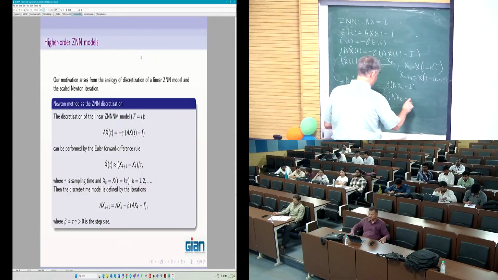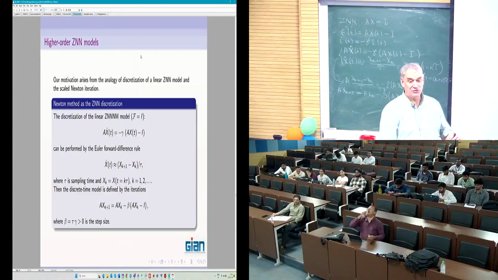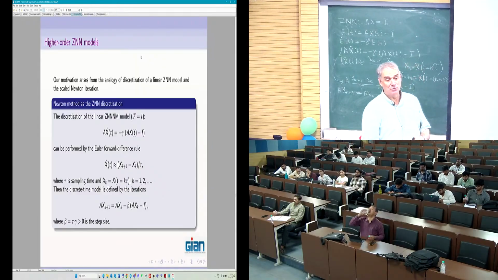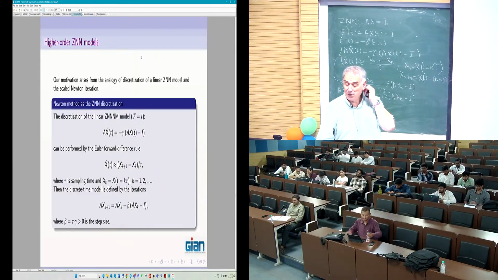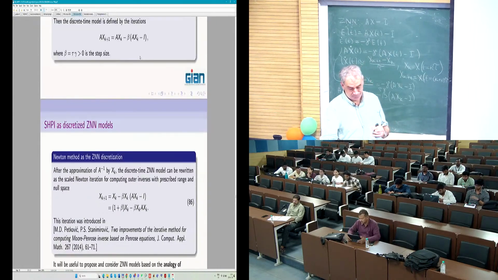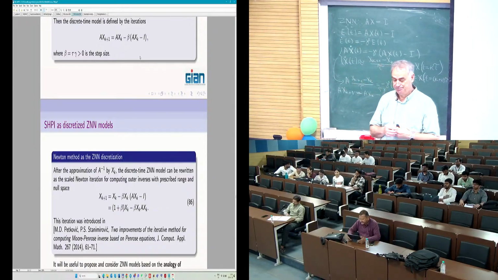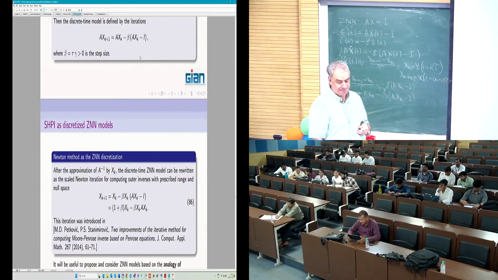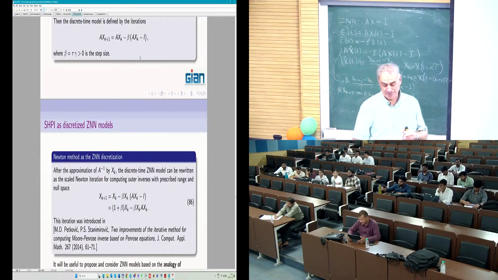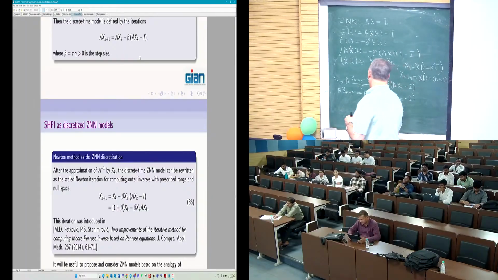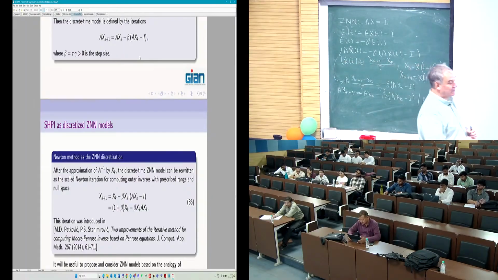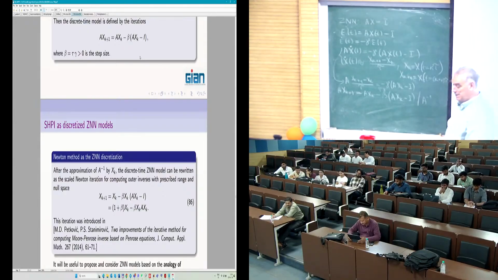A xk minus I. We switch from the continuous time model to an iterative rule, assuming the existence of the matrix inverse.